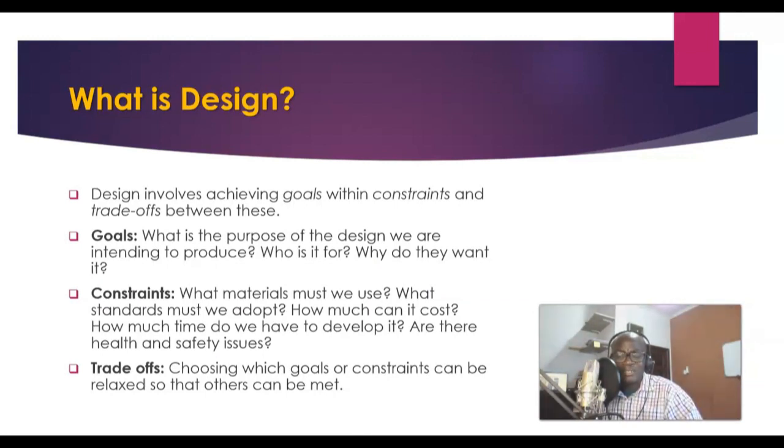How much can it cost? How much time do we have to develop it? Are there health and safety issues? So these are things that will constrain you in one way or another. There's going to be a budget, expenses, you need to consider all that, and whatever needs to be achieved, you need to be aware of all these constraints.